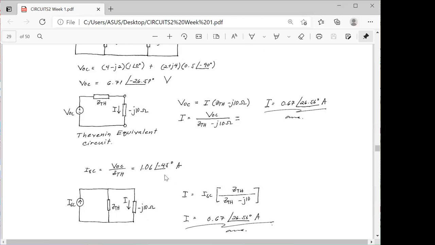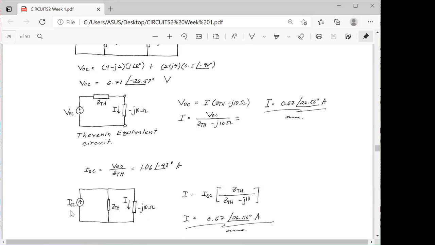And we know that our Norton's equivalent circuit is a combination of these parallel elements, I sub SC and Z sub N. We already computed our ZTH, so we can simply substitute that in here. Actually, this is Z sub N, which is also equivalent to our ZTH. Then after that, we can again connect the negative J10 impedance or reactance to the open terminal of our Norton's equivalent circuit.